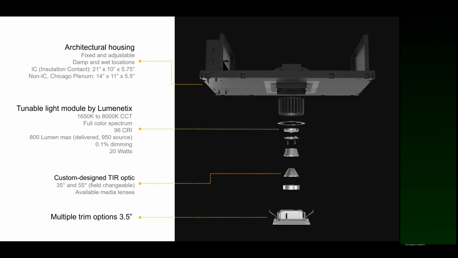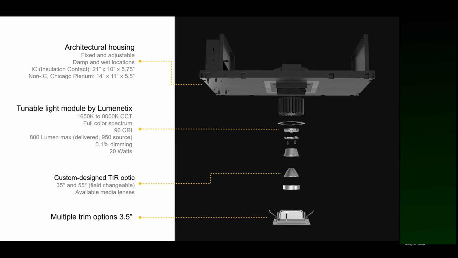Here are some additional physical and performance characteristics of Crestron tunable fixtures. Insulated ceiling or non-insulated Chicago plenum. Note that the insulated ceiling option has a 40% larger physical housing. Correlated color temperature range is 8,000 Kelvin down to 1650.